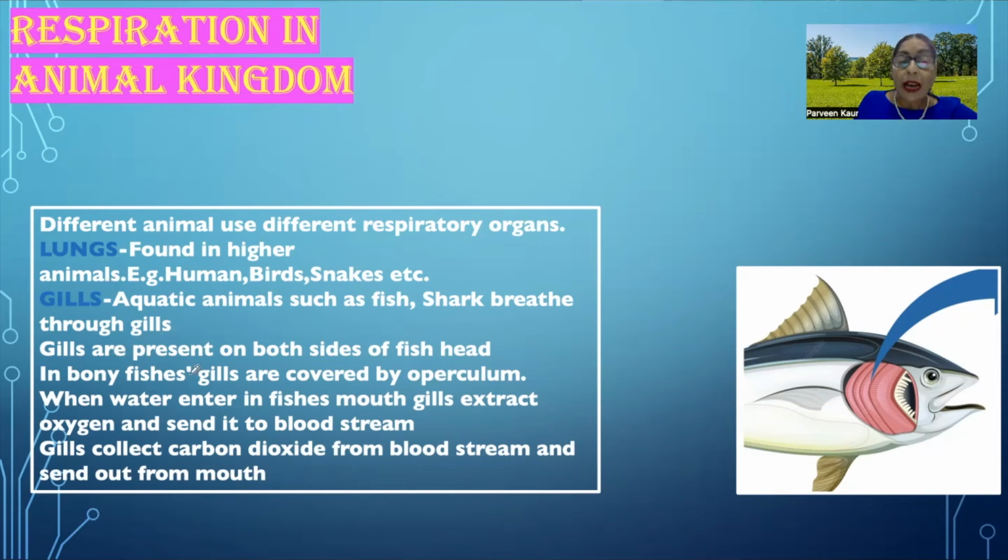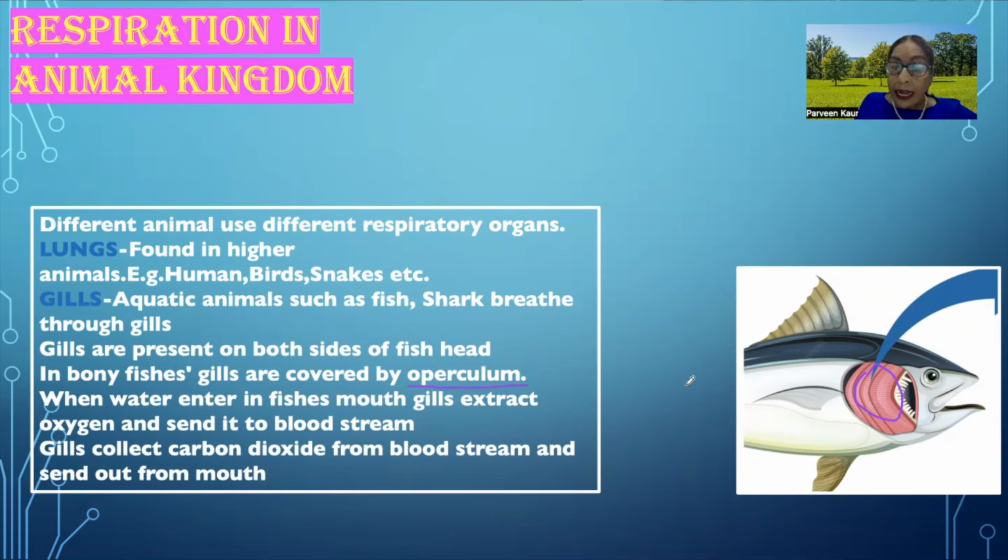So gills are present on both sides of the fish. Here you can see these pink color structures are gills. They are found on both sides of the head of the fish, and bony fishes have gills, but these are covered with a covering, and these coverings are called operculum.